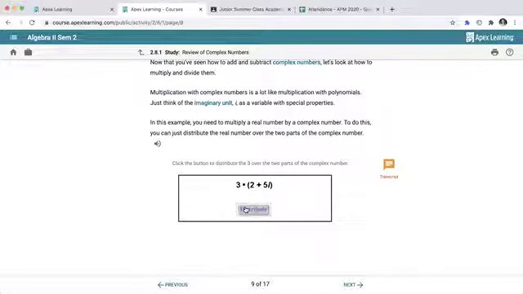So we'll distribute the real number, our 3 here, to both terms. So both of these get multiplied by 3. So 3 times 2 gives us 6, 3 times 5 gives us 15. And we just treat i here again like a variable, like an x. Since this doesn't have the same variable in here, you do not touch it.